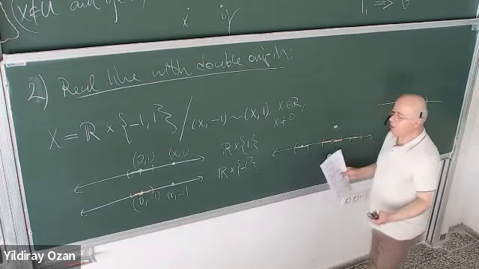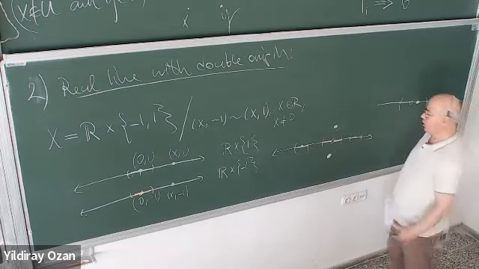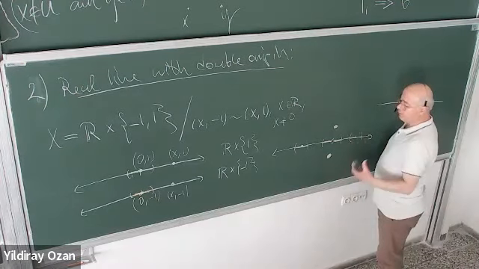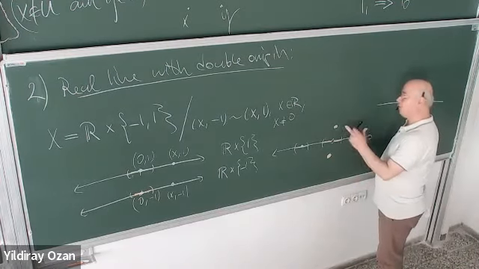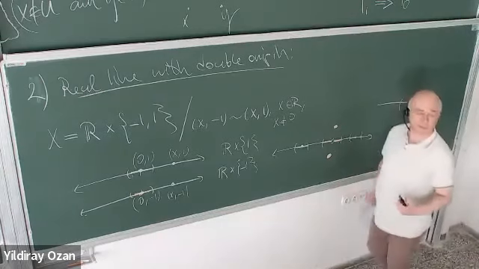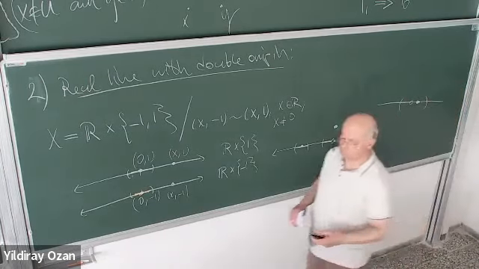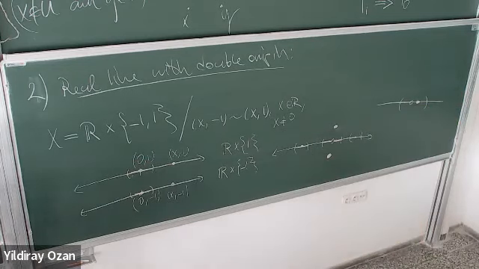However, this is T1. Why is that? Because if you have 2 points, you can always find an open set containing one of them and leaving the other point outside. Okay, so it is a T1 space.